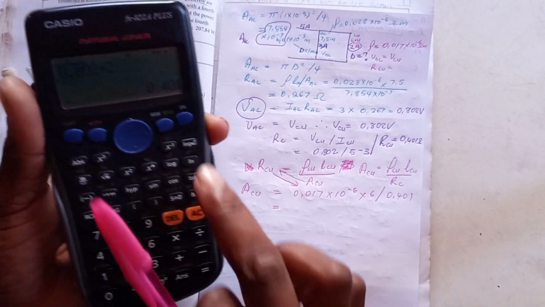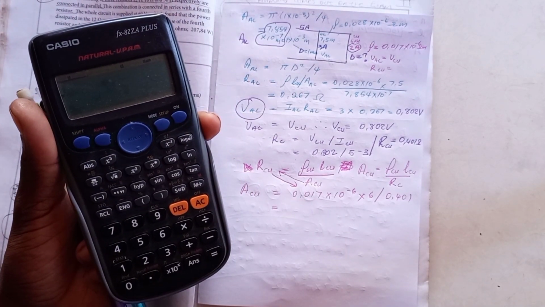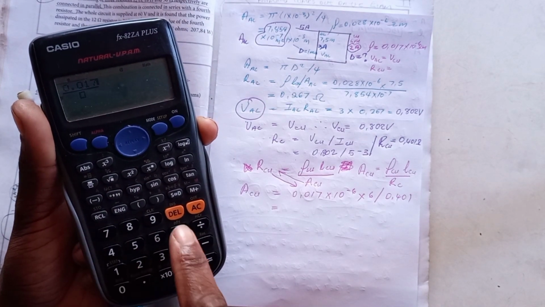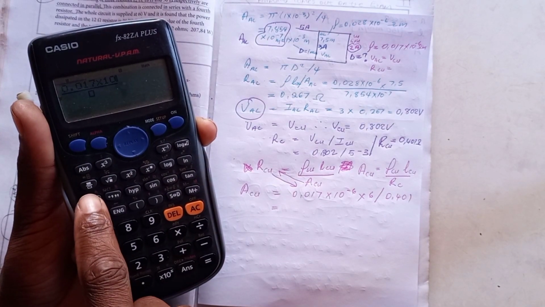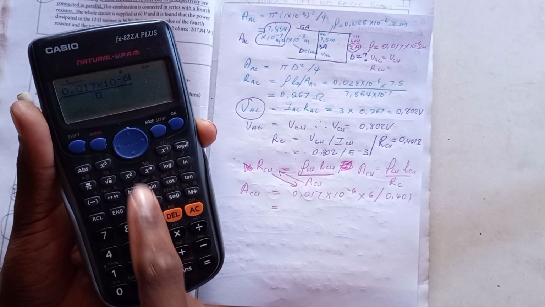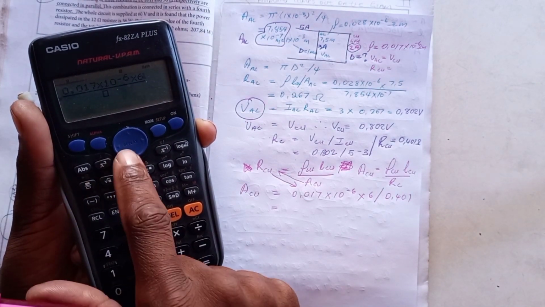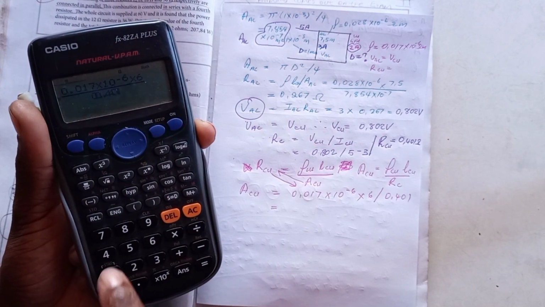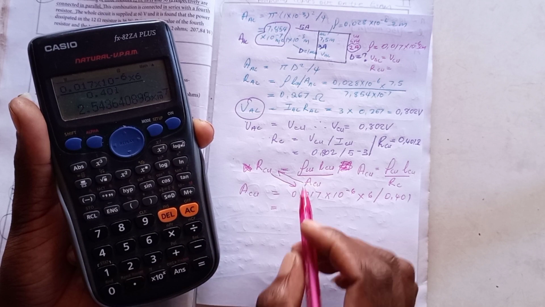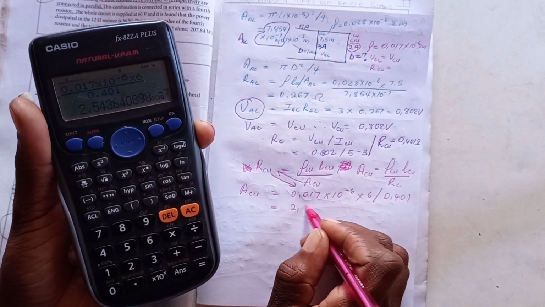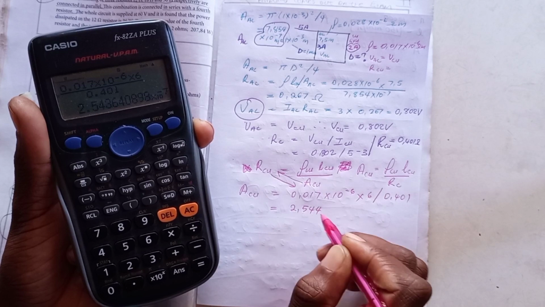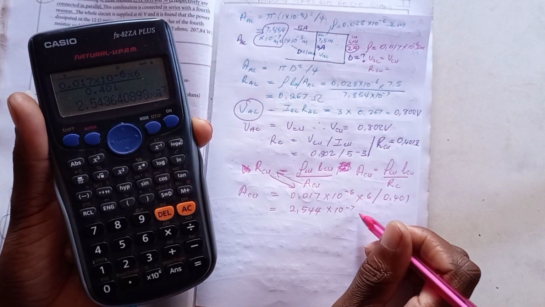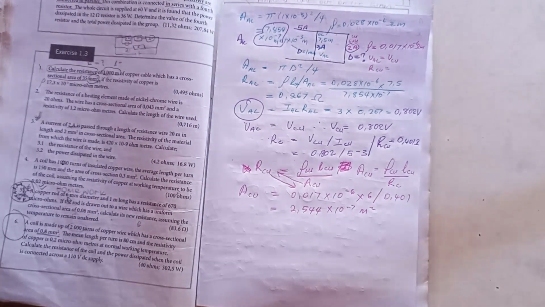Let's punch this in the calculator. 0.017 times 10 raised to minus 6 times 6 divided by 0.401 is equal to 2.544 times 10 raised to minus 7. This is the area in meters squared.